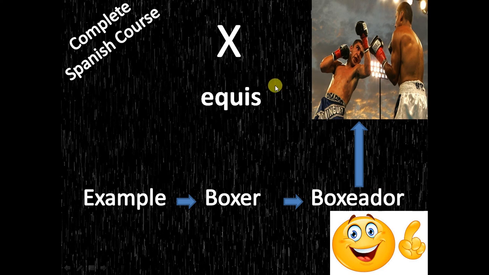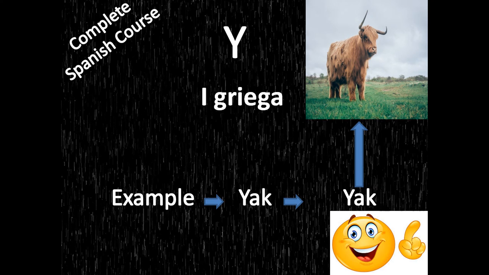Next letter is X. Letter X is sounded as X. Example, boxer. Boxer is pronounced in Spanish as boxeador. Next letter is Y. Letter Y is pronounced as E griega.